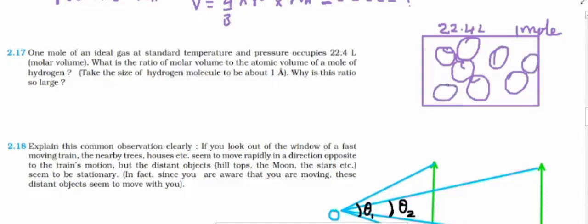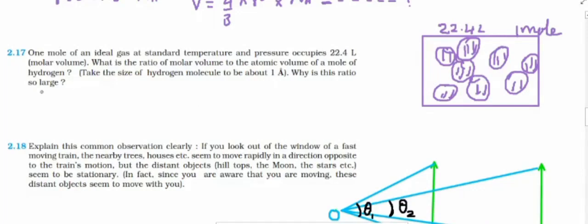Now, when you calculate the actual volume of hydrogen, what is the actual volume of hydrogen molecules? Only the volume of these particles you need to consider for getting the actual volume, as we have calculated in the previous question. So there it was hydrogen atom. Here we have to take hydrogen molecule. That's the difference. Anyway, you can see in 1 mole we have Avogadro number of molecules.